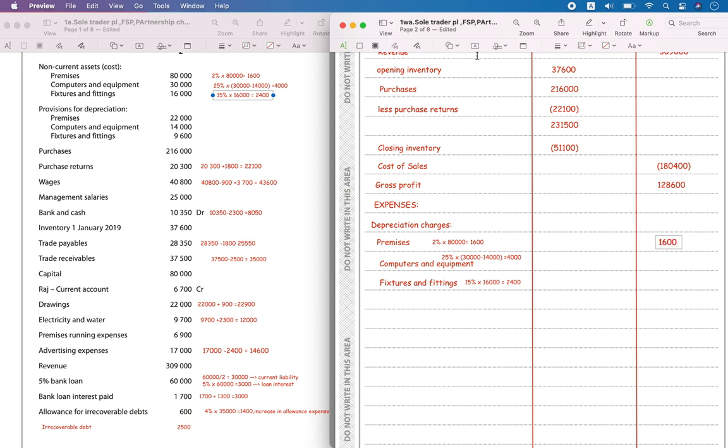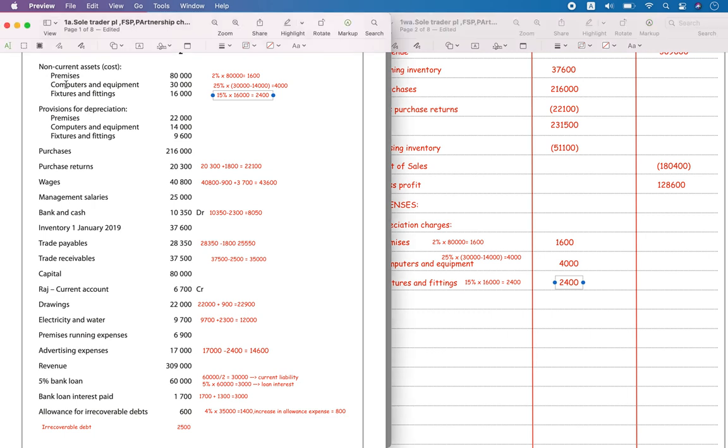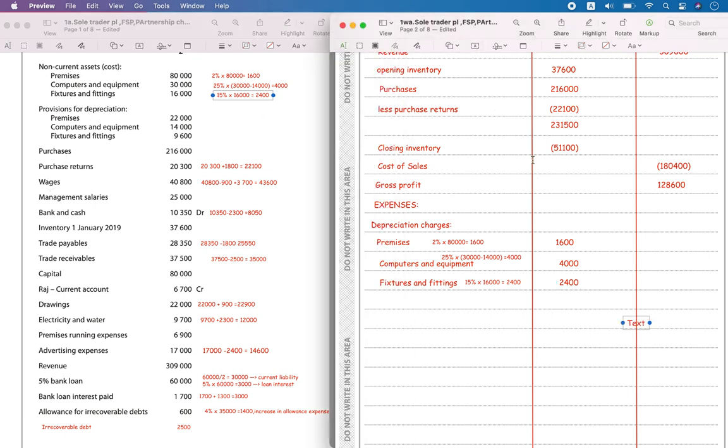So let's write here the expenses, which are 1,600, then 4,000 and 2,400. So write it in this column.